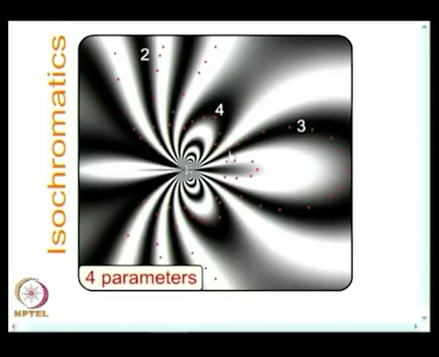The idea is, these are all the experimentally obtained points, and from these data you evaluate the series coefficients. Using the series coefficients, replot the fringe pattern, because you know how to calculate the maximum shear stress, and you also know the material stress fringe value for the given problem. Using that, it is possible to reconstruct the fringe pattern. The reconstructed fringe pattern should closely match the experimentally obtained data.